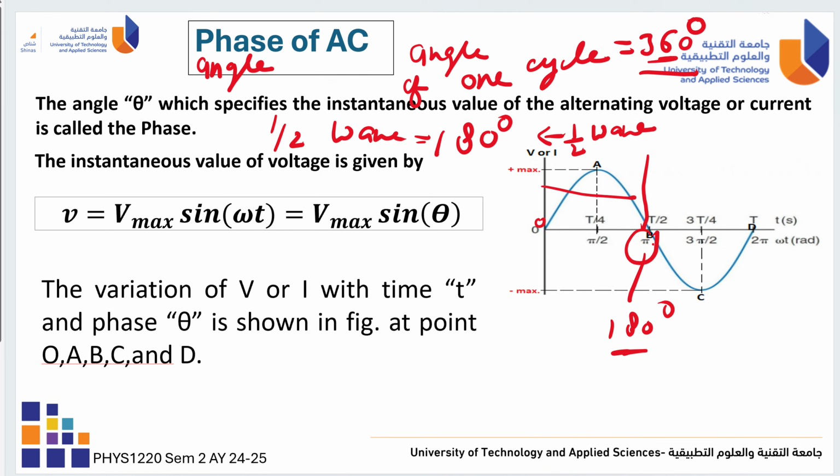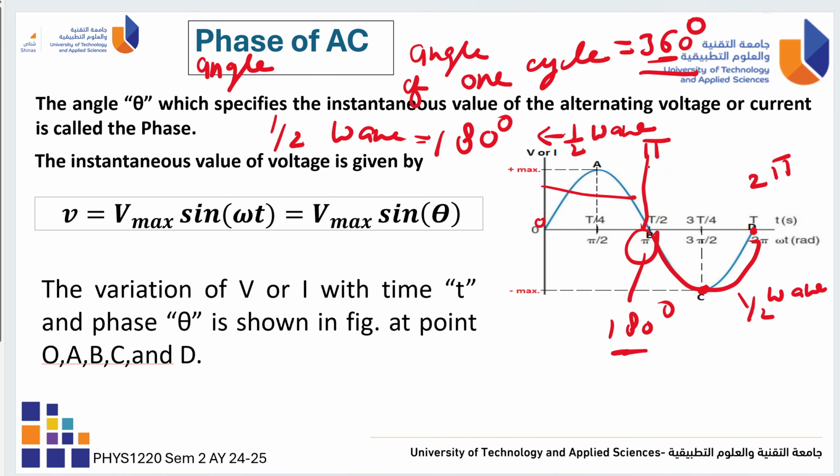Now if I go downside, this is also a half wave downside, and the angle starts at pi here. Then this is the maximum point, coming at 3 pi by 2, and here it is coming at 2 pi.